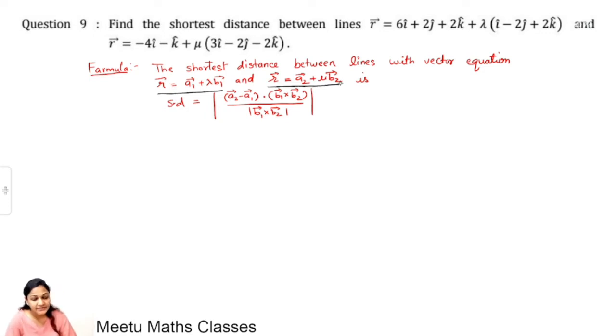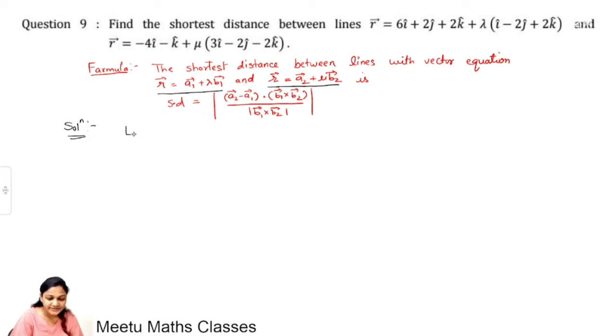These are the two equations of lines, and the shortest distance between these two lines is the modulus of (a2 minus a1) dot (b1 cross b2), the dot product between these two vectors, divided by the magnitude of the b1 cross b2 vector. So let us start with the solution of your question.